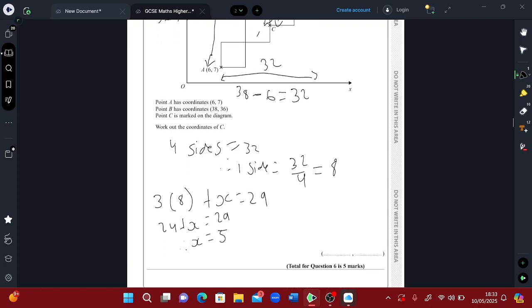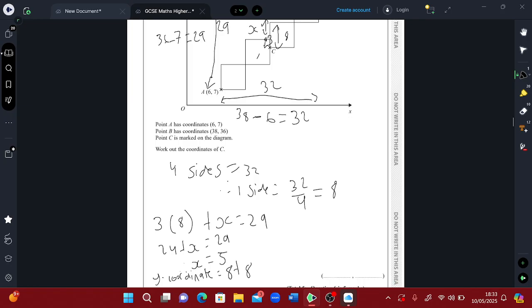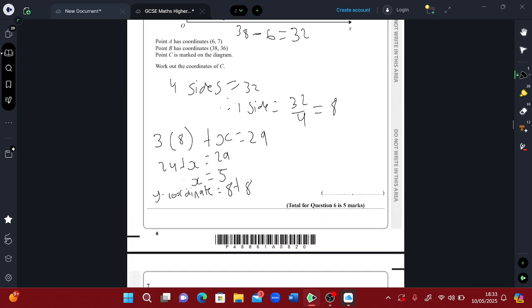Therefore the y coordinate of C is going to be 8 and 8, because we go 2 sides up. 1, 8, and then an 8. But then we go down by 3, so it's going to be minus 3. So 16 minus 3 is 13.